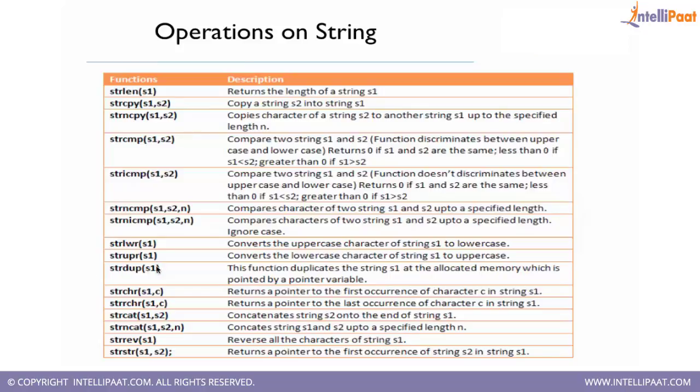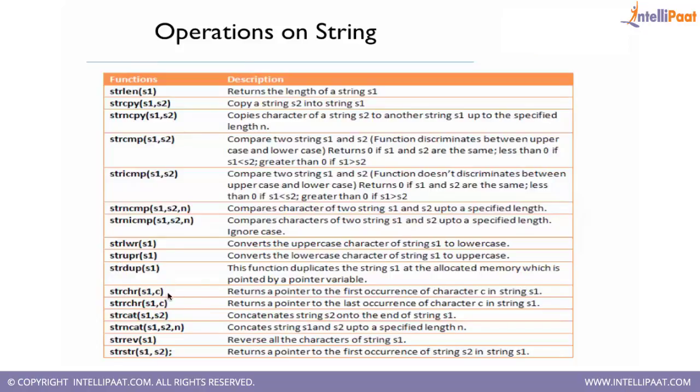Similarly, strupr converts a given string to uppercase. strdup duplicates the string s1 at the allocated memory, which is pointed to by the pointer variable. Suppose you want a copy of hello, you can use strdup.